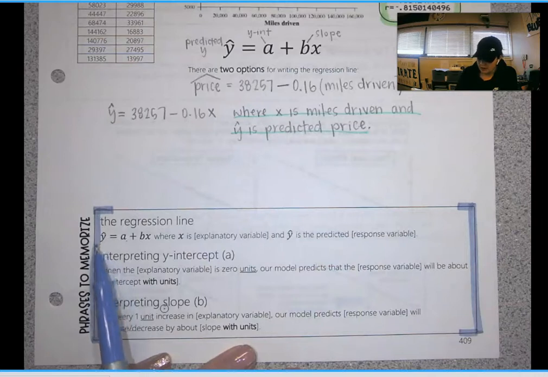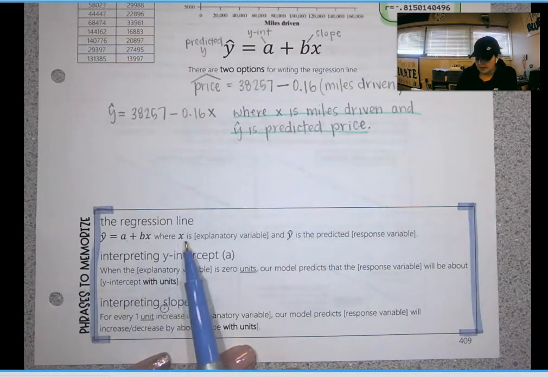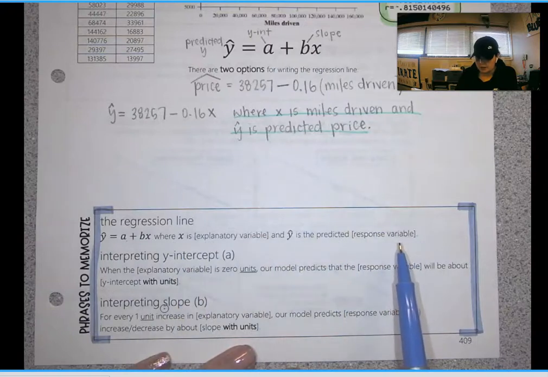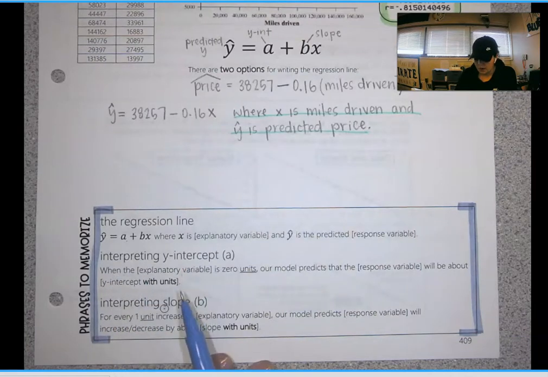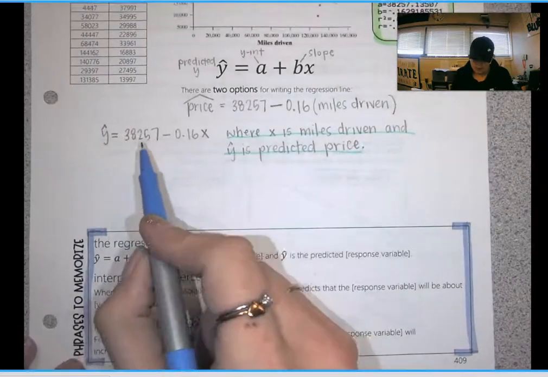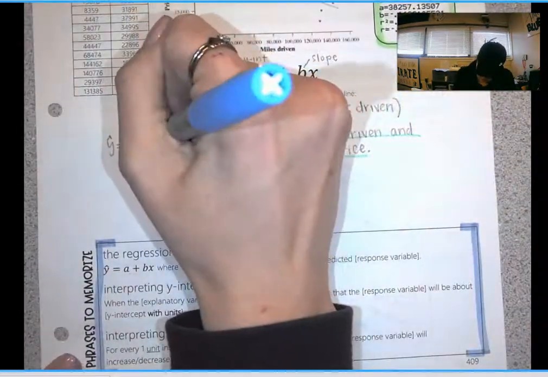So I have the preferred method of writing the equation and defining the variables. And then down here I have the interpretation for y-intercept and the interpretation for slope. So let's go up here and we will start with y-intercept.